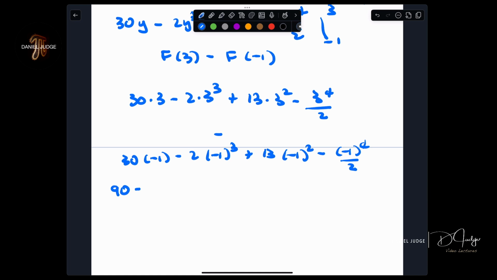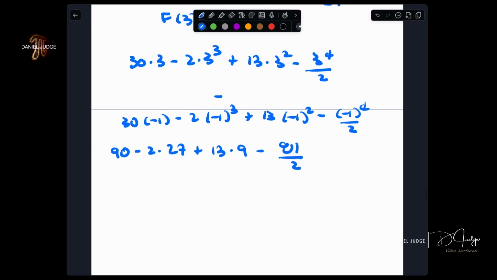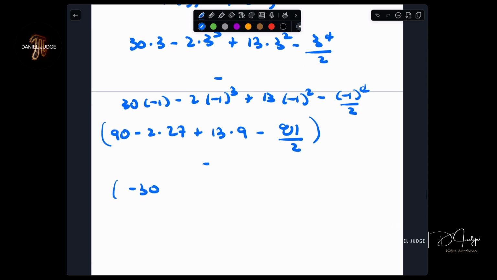That is 90 minus 2 times 27 plus 13 times 9 minus 3 to the 4th over 2, which is 81 halves. Minus, so we're going to put that in parentheses here, -30, -2, that's a +2, plus 13, minus 1/2 now.